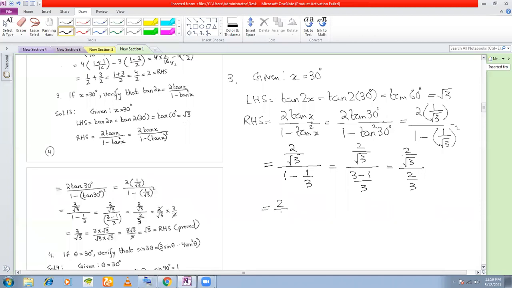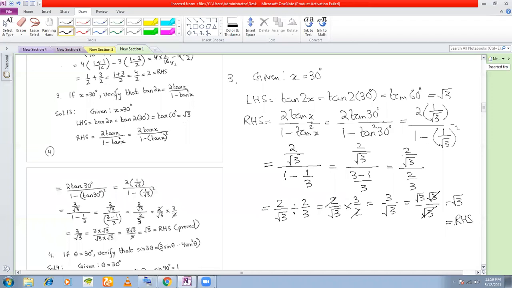You get 2 by root 3 divided by 2 by 3, which is 2 by root 3 into 3 by 2. 2 cancels here. You simply get 3 by root 3. Now 3 can be written as root 3 into root 3. So one root 3 will cancel. Simply get root 3, which is equal to RHS.